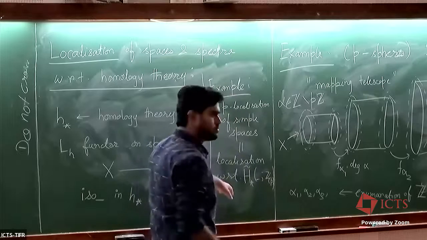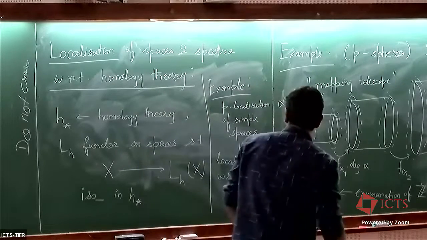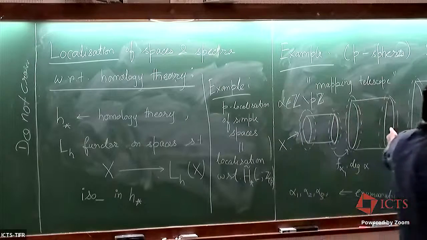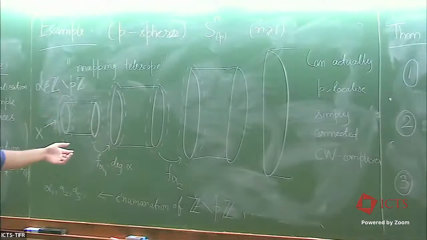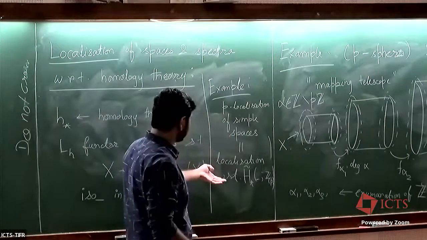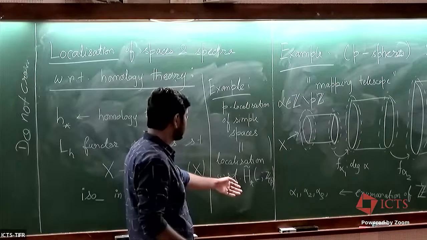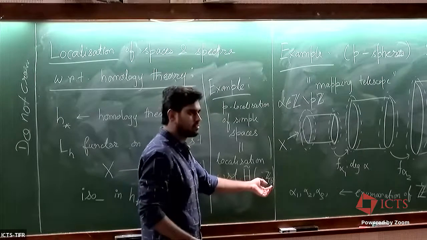That is by the universal coefficient theorem, as we see. And then, like localization of spaces, we can talk about completion of spaces. It turns out completion of simple spaces is the same as localization with respect to the homology theory with coefficients coming from Z mod PZ.